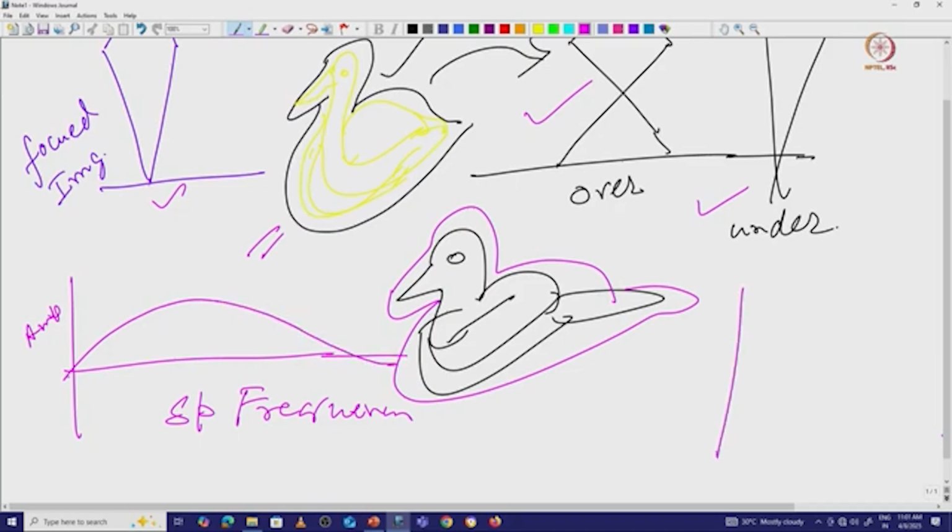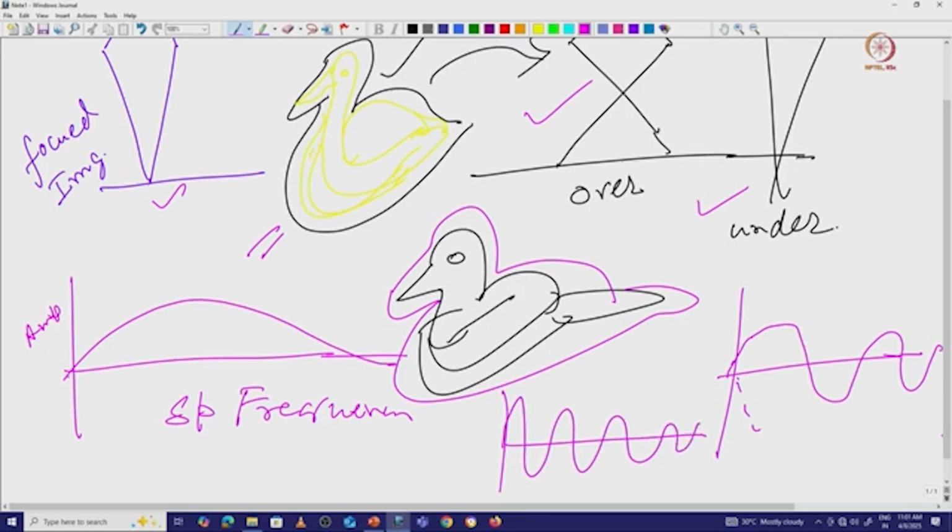When there is a focus, either overfocused or underfocused, it will go in this direction or this direction, but we can see the wave is oscillating more. Now if we are using more and more focus, this oscillation will be much higher, so it will go like that. From this ray diagram, we can convert these things to a sine and cosine curve to describe how the signal is transferred from one form to another. We are going to discuss that more.